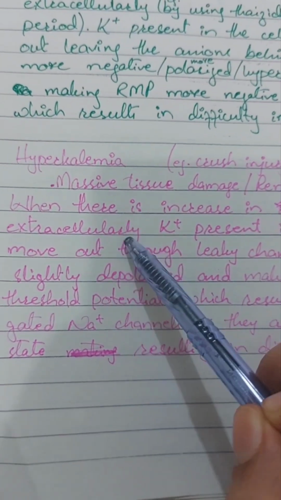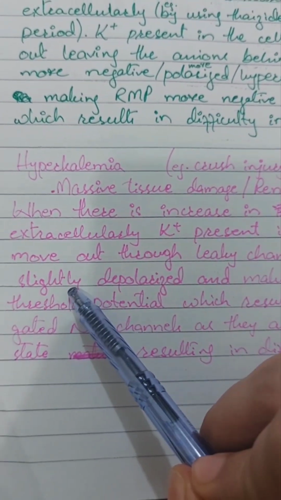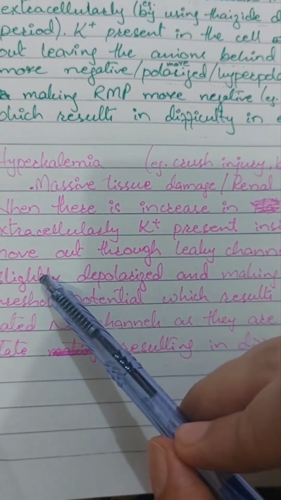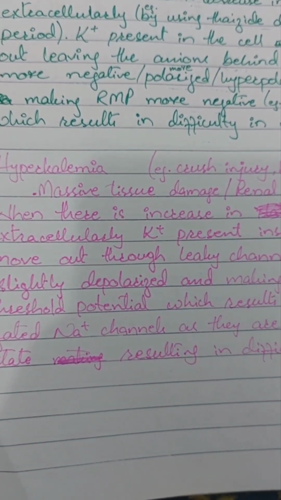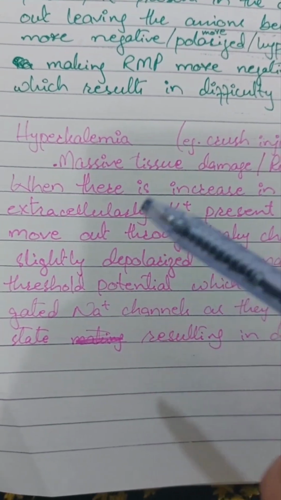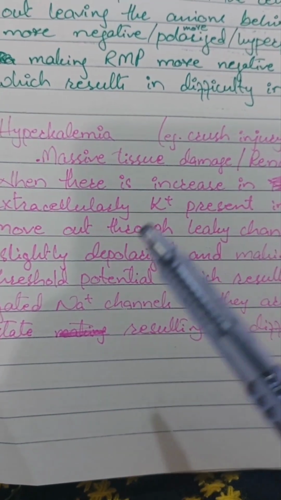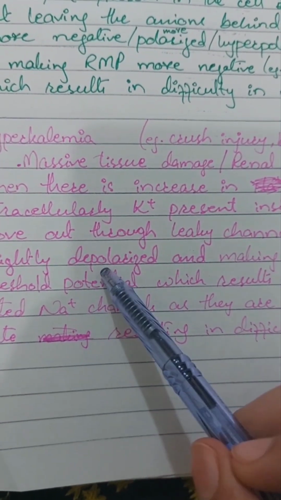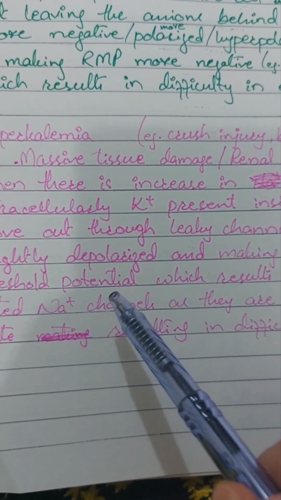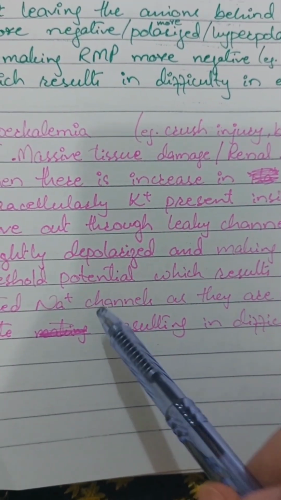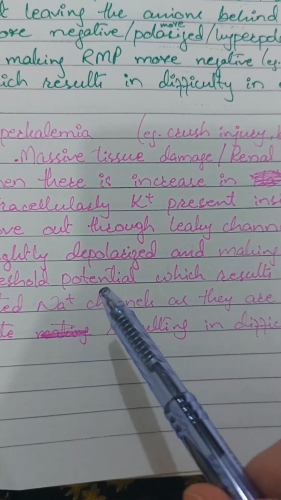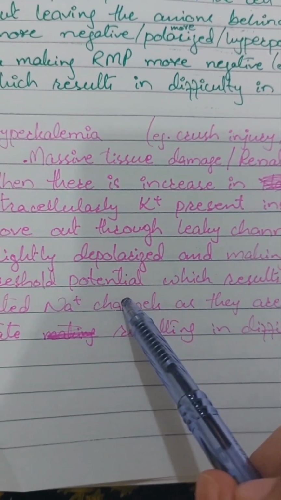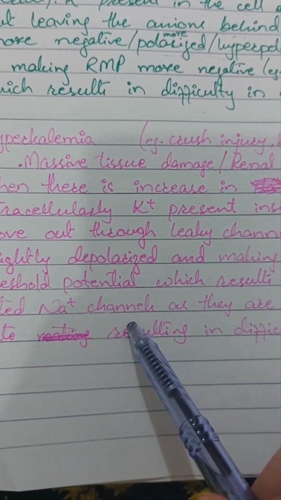When there is an increase in potassium concentration extracellularly, potassium present inside the cell will not leak out through the leaky channels because of the concentration gradient, making the cell slightly depolarized and making the resting membrane potential chronically near the threshold potential, which results in the dysfunction of the voltage gated sodium channels as they are trapped in the inactive state, resulting in difficulty in exciting the cell.